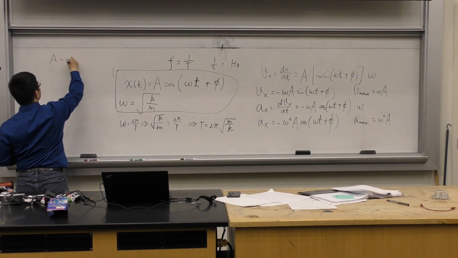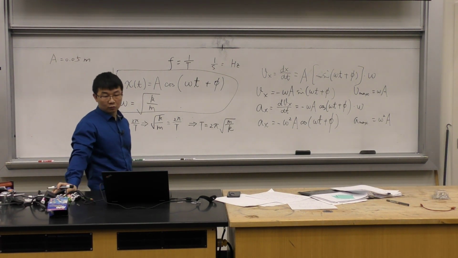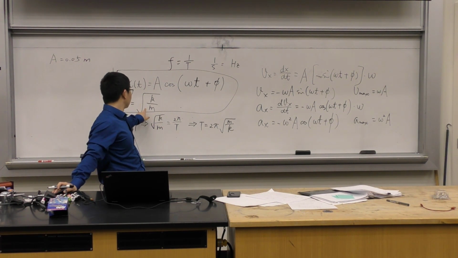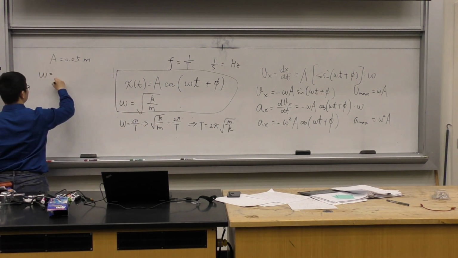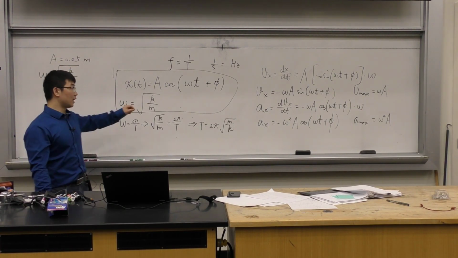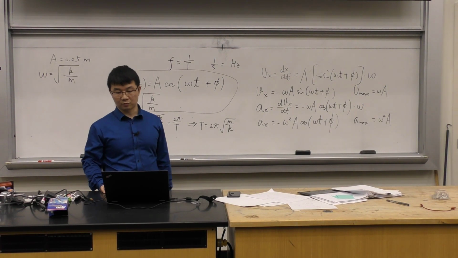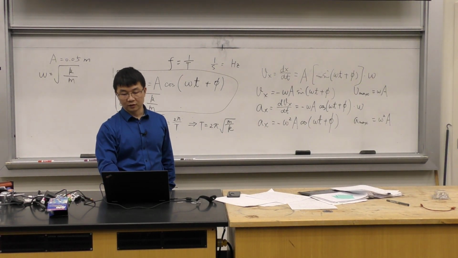Now, what is this omega? Well, it doesn't give you omega, but omega, that's a definition, right? This definition will also be given, right? You don't need to remember the definition. So it's going to be this. And once you have that, the phi, as I said, in this class, you never need to worry about phi. Because we're just only going to start the time when it's at the maximum.